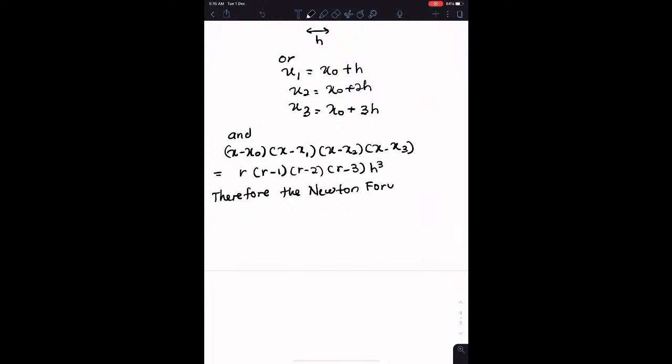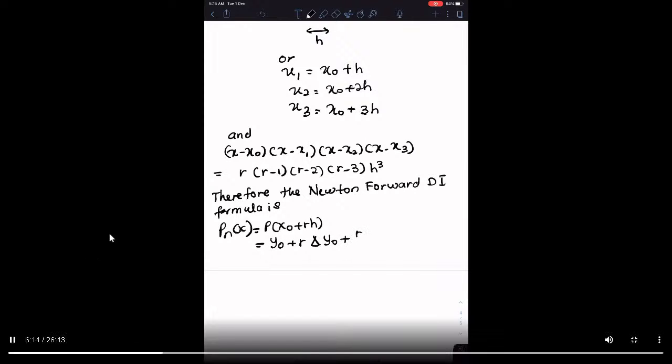The formula can be written as P_n(x) = y0 + rΔy0... where r you already know. n is the number of data from x0 up to xn, r is the interval value needed to reach x from x0, and h is the size of the interval. Many times I explain this one.